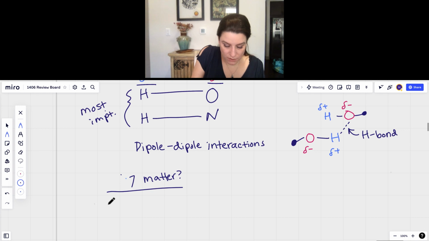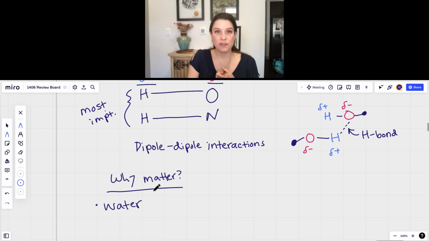Well, this is what gives water its properties of being sticky, so cohesion, adhesion, of regulating or moderating temperature, making sure it keeps things from getting too hot or too cold because of these hydrogen bonds breaking and making. It's a good solvent because it can get in between other hydrogen bonds.